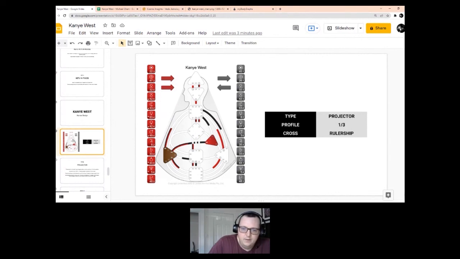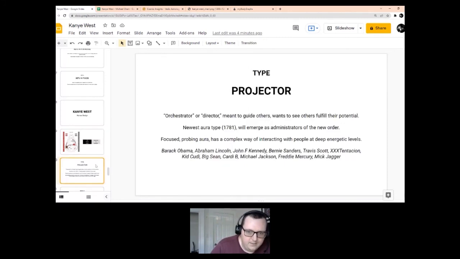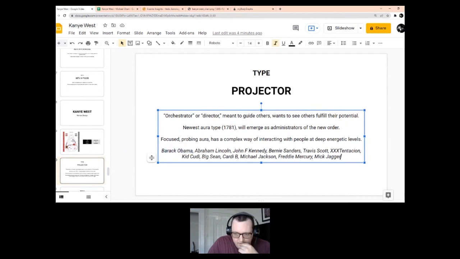So when he's walking around and interacting with other people, his aura plugs into other people, and people can feel his energy really strongly, and he can feel theirs. So it's a really interesting type to be. So a lot of leaders are projectors, actually. So I put some political people here and some musicians and stuff that are also projectors.